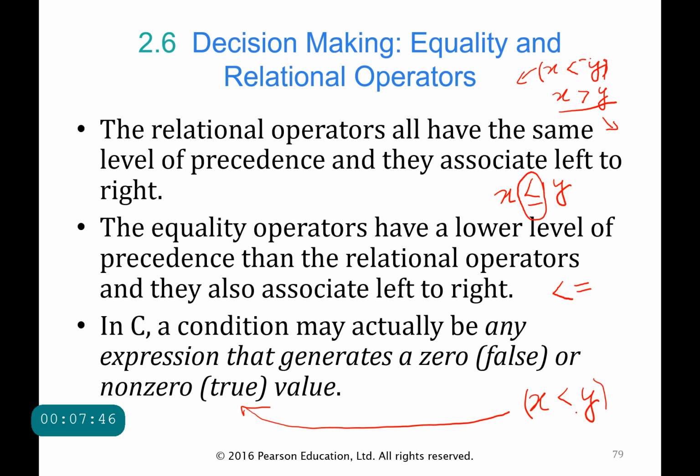So if x is actually less than y, let's say x is 5 and y is 10, then this condition will be satisfied and we will get what is called a true value. What that means is that the relational operator is telling us that x is indeed less than y. Now, if x happens to be greater than y, or if x happens to be equal to y, then we will get a zero, or a false value.